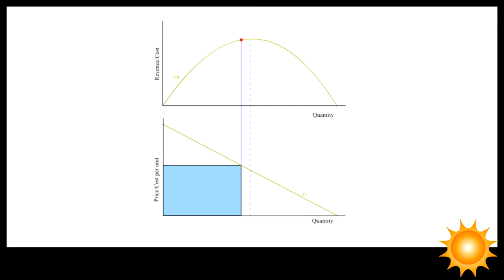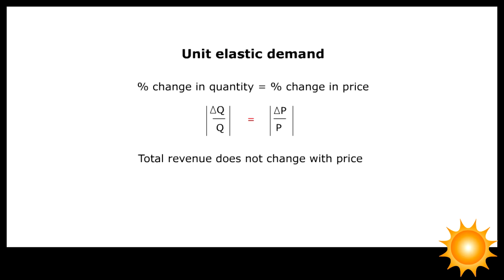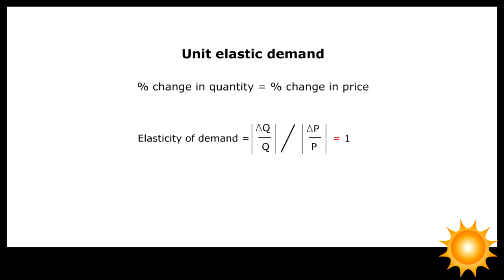Because a single price must be charged to all buyers, at some point the percentage change in quantity will be just equal to the percentage change in price. Total revenue stays the same when price is decreased. When that happens, demand is said to be unit elastic, and the elasticity of demand has an absolute value equal to 1.